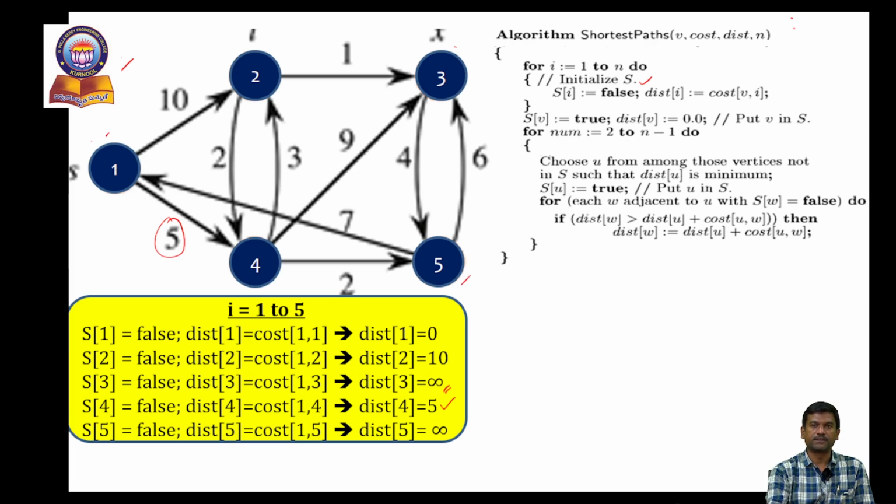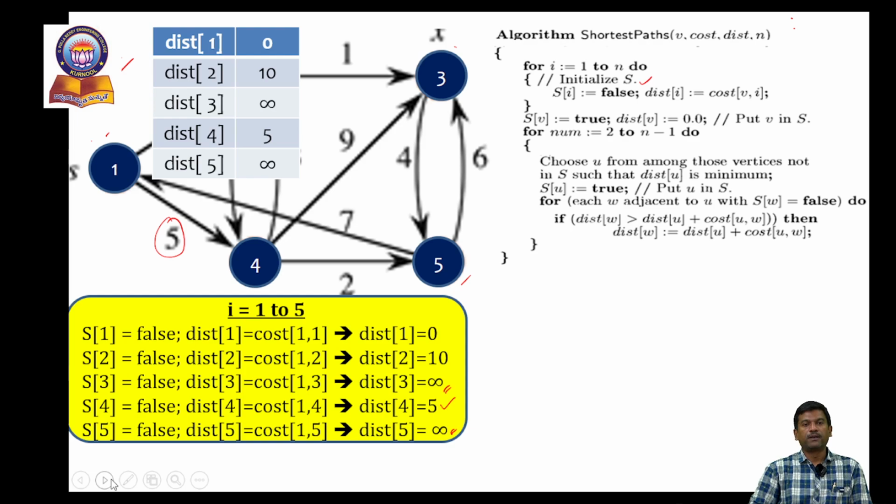Observe the direction: from 5 to 1 there is an edge with the cost equal to 7, but there is no connection from 1 to 5 in the initial case. That is the reason it has been kept as infinity in this scenario. And coming to the next iteration.